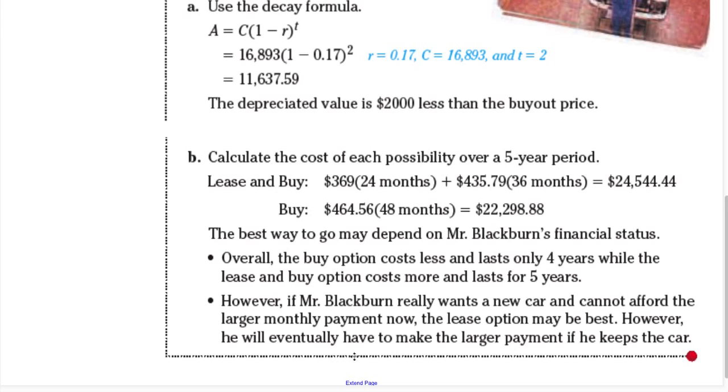However, he will eventually have to make the larger payment if he keeps the car. So if Mr. Blackburn does not have the money now, the lease and buy option would probably work. But if he has the money, then the buy option always is the best option.